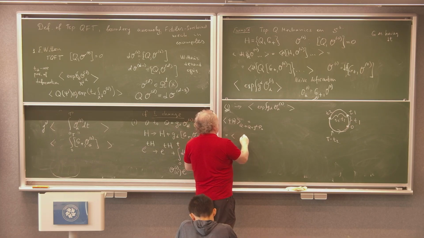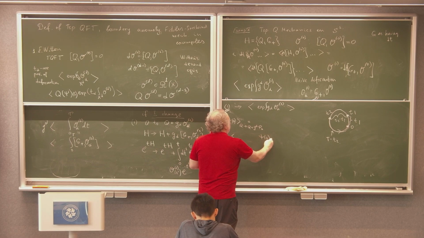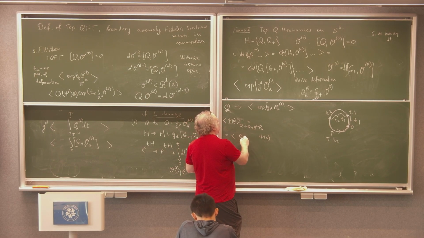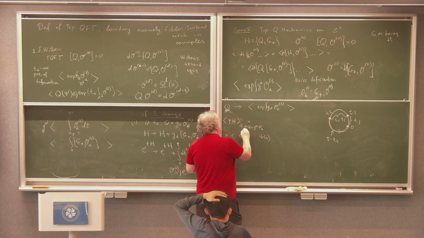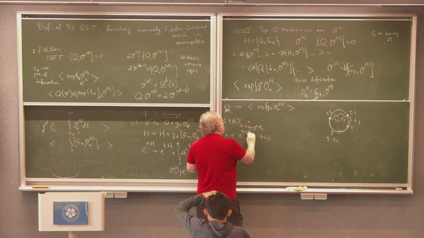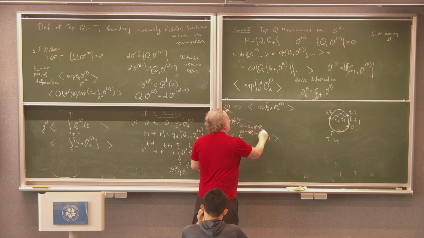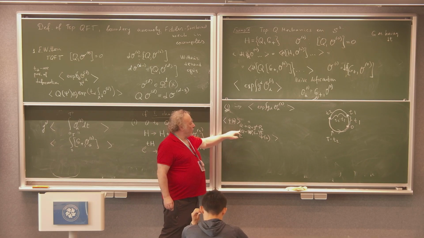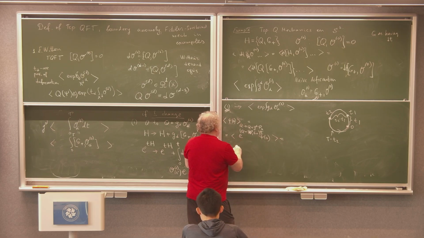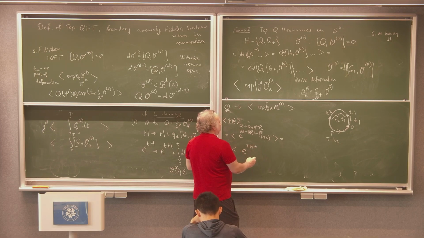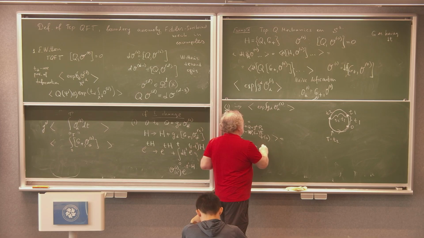This would be psi 0. So I changed Q, and it corresponds to e to the e capital A plus G plus phi naught T.